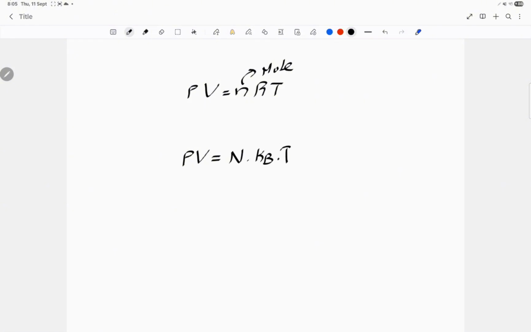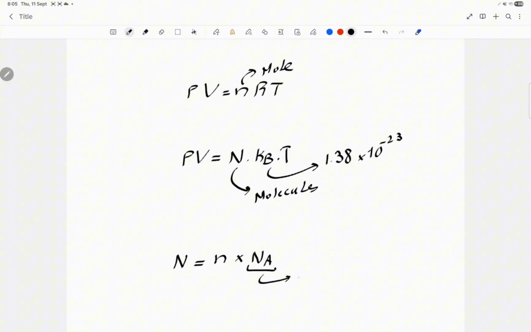And now in this case, capital N here would mean the molecules, and the kB here will be something known as the Boltzmann constant, which has the value of 1.38 times 10 to the power of negative 23. Now, molecules is simply equal to mole times the Avogadro's number, which you have to know to be 6.022 times 10 to the power of 23. Okay?